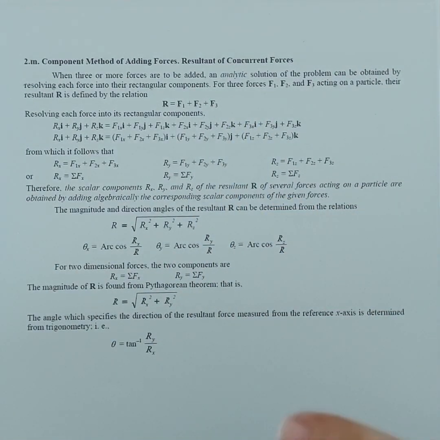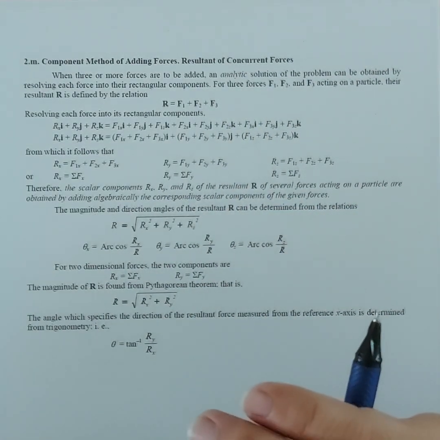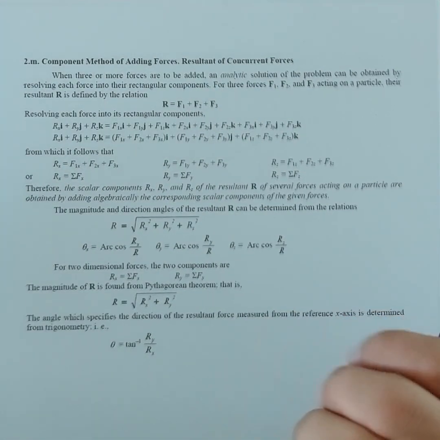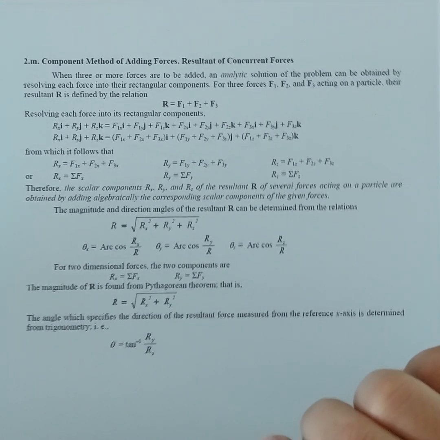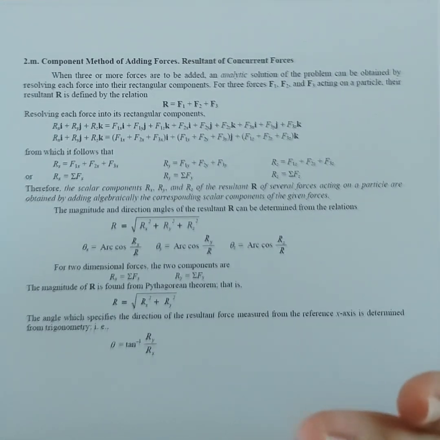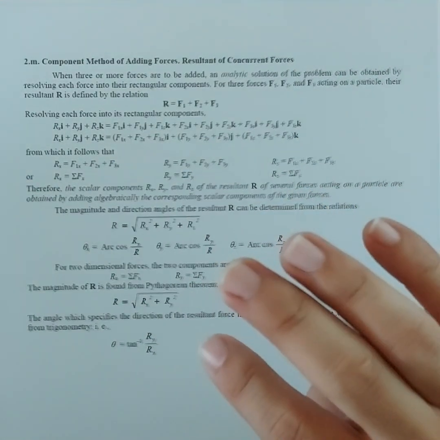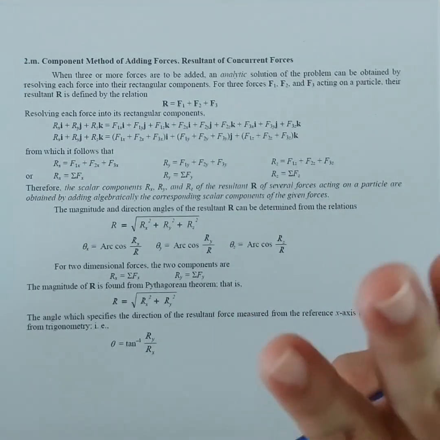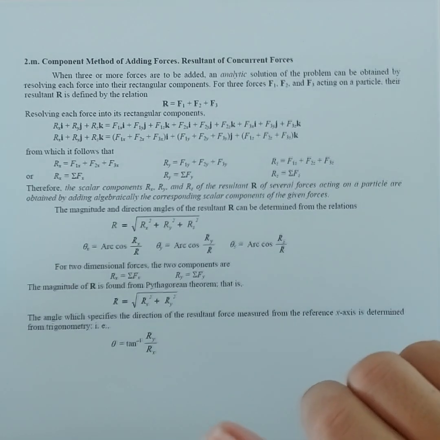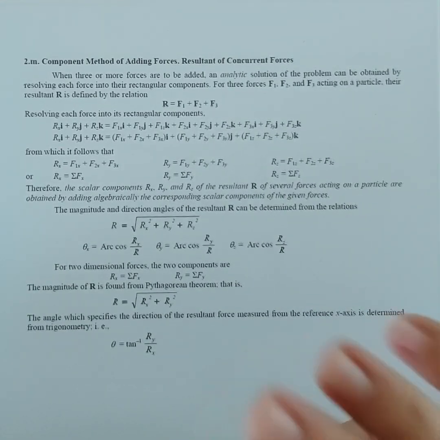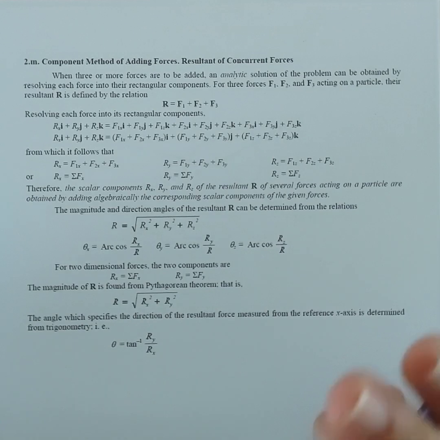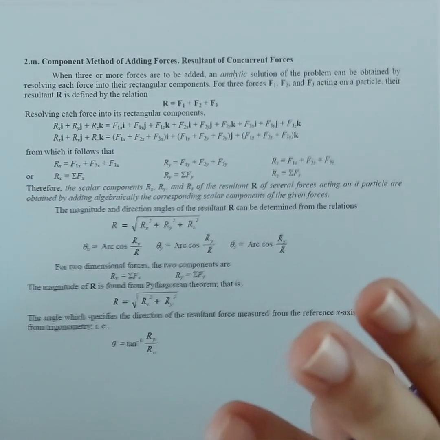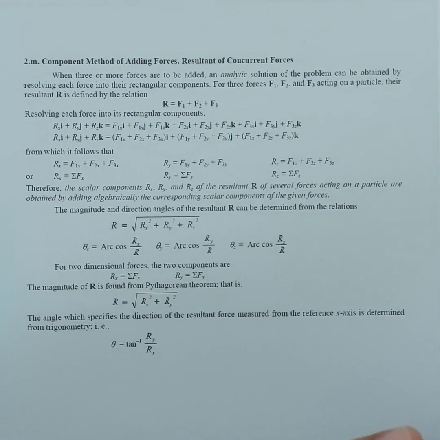What we have dealt with before, in our examples, problems, and plates that I gave you, those are concurrent forces. Those are coplanar concurrent forces. When we say coplanar, that means the forces lie on the same plane, so xy plane, xz plane, or yz plane, depending.